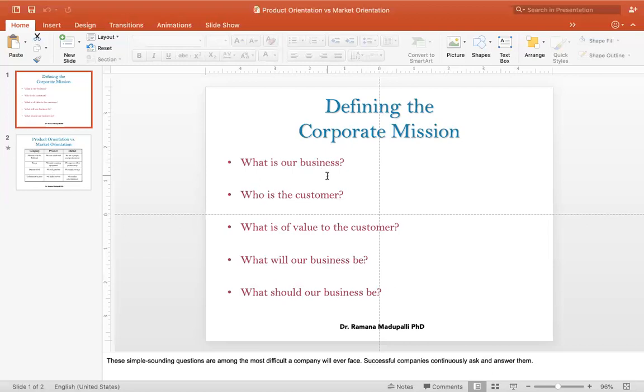Again, remember, guys, again and again, in almost every lecture and every concept, we emphasize the concept of value. What will our business be, and what should our business be? The difference between what will our business be and what should our business be is what Tesla has gone through in the recent past, right?